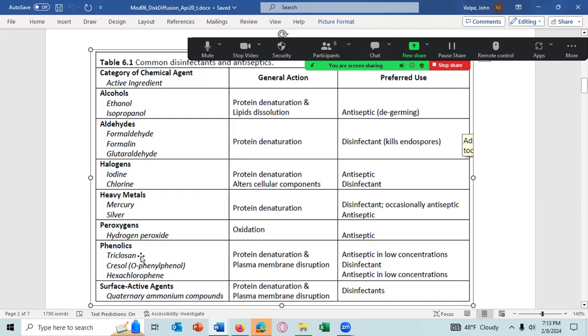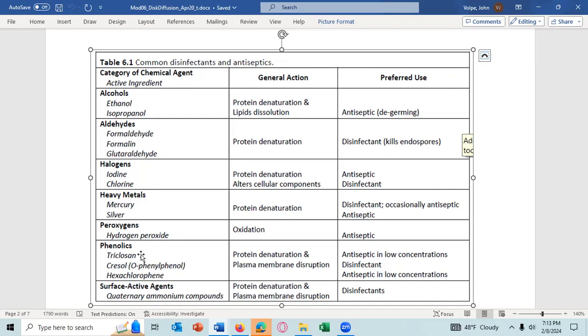Phenolics, that was the first agent used, phenol, by Joseph Lister when he was engaging in aseptic surgery. He would treat the patient and the instruments with phenol to sterilize the surgery. And phenol was actually a poor chemical to use because, first of all, it's irritating to the skin. Second of all, it has a disagreeable odor. And he didn't know that, but phenol, with long-term exposure to the skin, is actually a carcinogen.